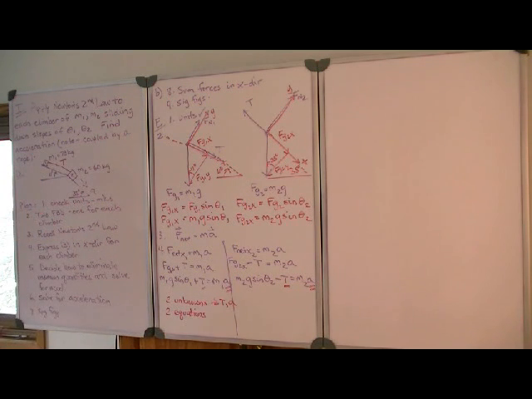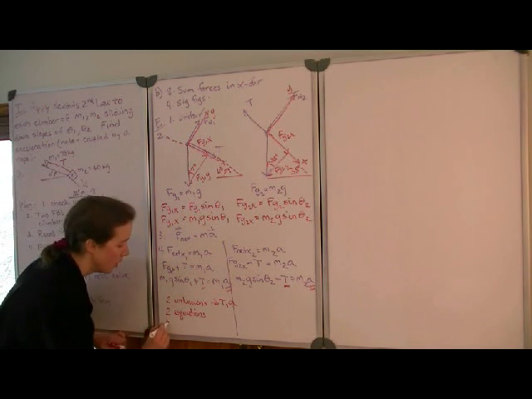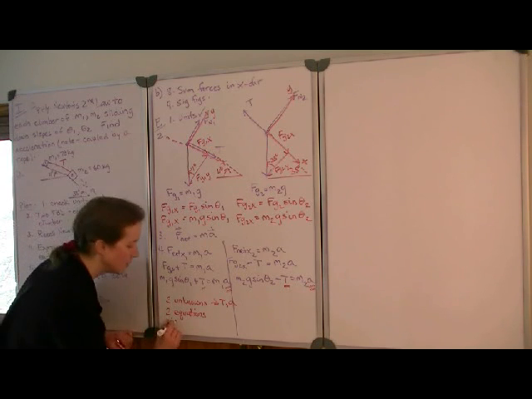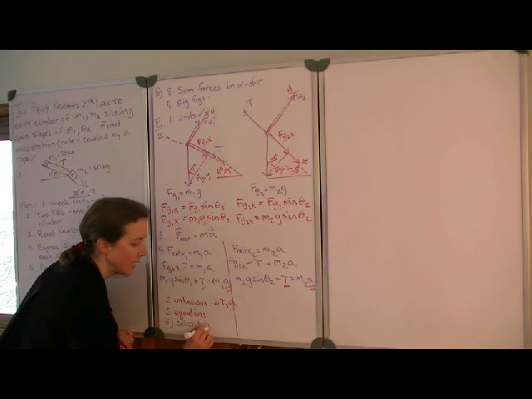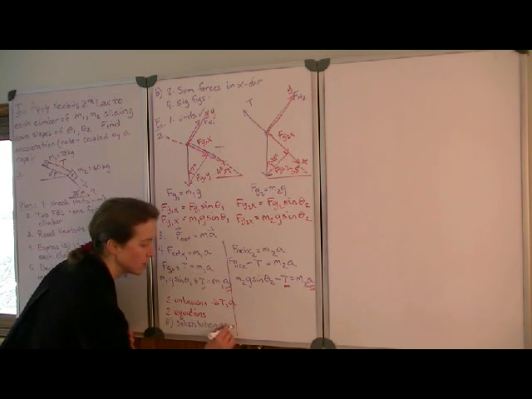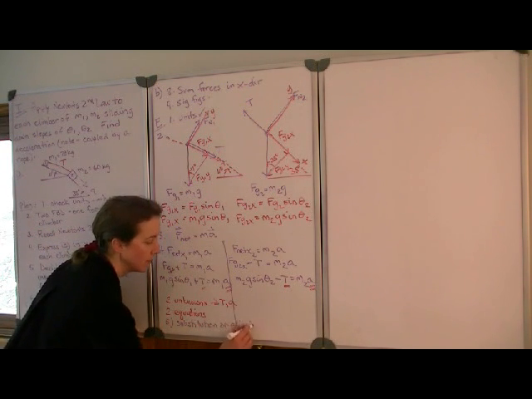That brings us to step number 5. We need to decide how to eliminate unknown quantities and solve for the acceleration. So our choices are substitution or elimination. We'll discuss those for a moment and how we can decide.